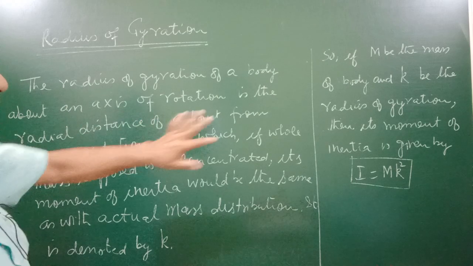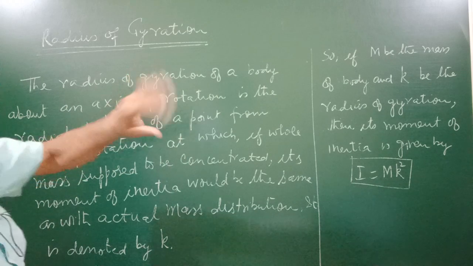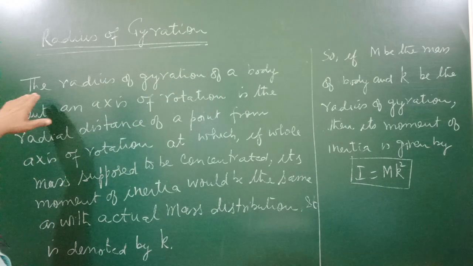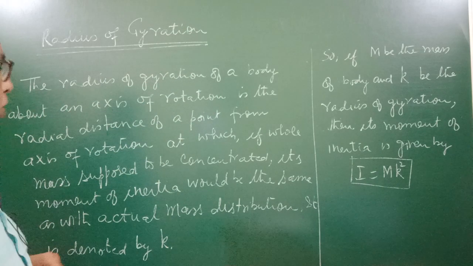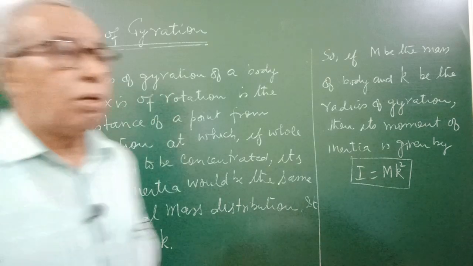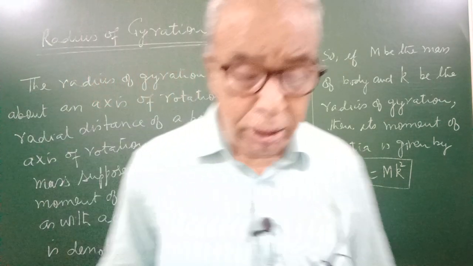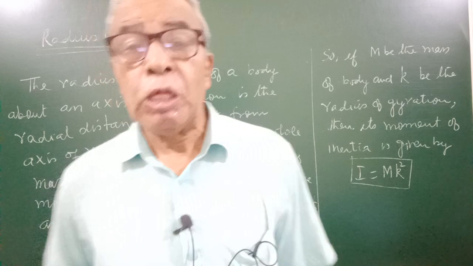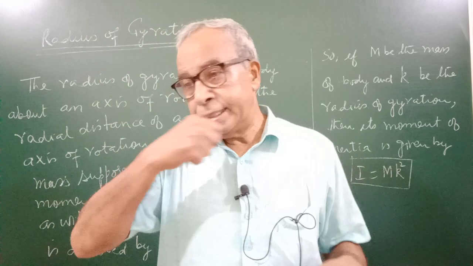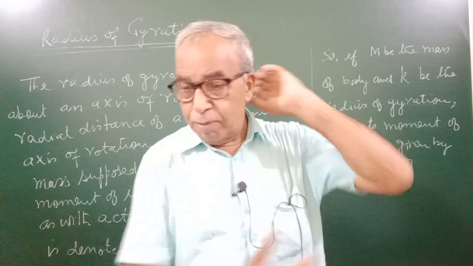So I have written here already, just to minimize the time and to explain the term. The radius of gyration of a body about an axis of rotation. A body always rotates about an axis. Do you understand the meaning of axis? Your cycle wheel rotates around the axle fitted at the center.